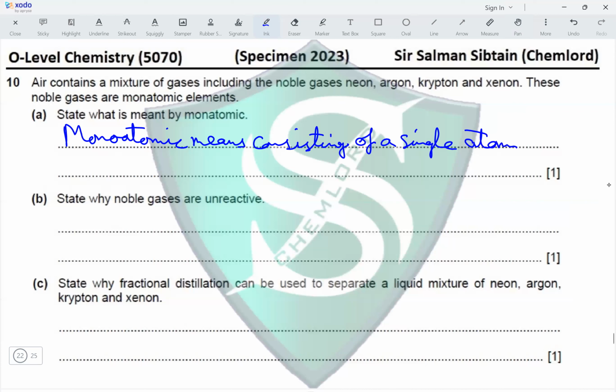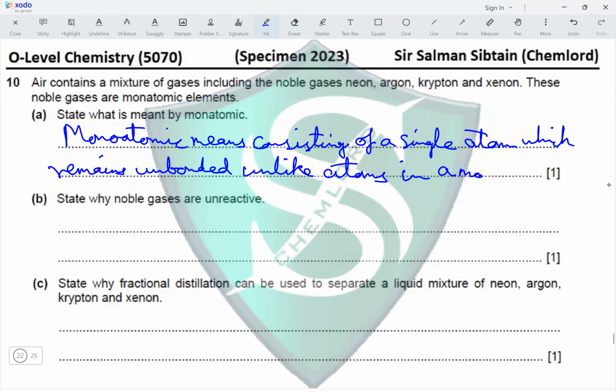And now we will describe the statement, which remains unbonded, unlike atoms in a molecule, which forms a bond with each other, right?